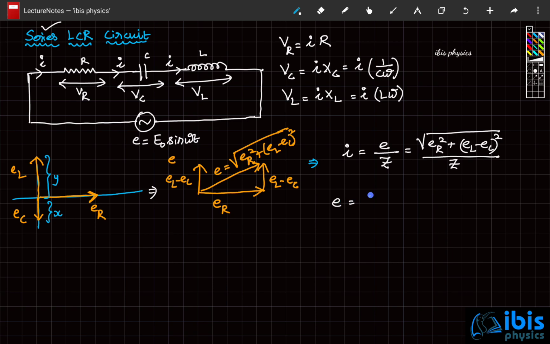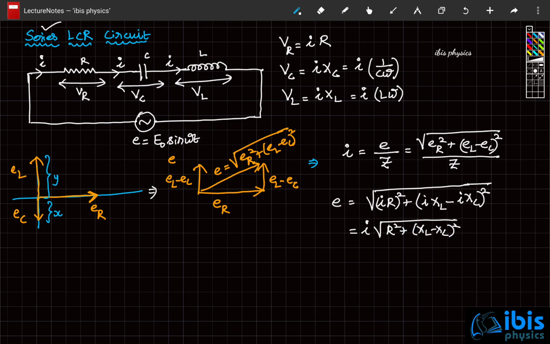So total EMF E equals square root of ER square, where ER is the instantaneous current into resistance, the whole square, plus EL, the instantaneous EMF, which is I into XL, minus I into XC, the whole square. If you take I out, I into root of R square plus XL minus XC the whole square. So this is the EMF. EMF by current is the total resistance, so that is equal to root of R square plus XL minus XC the whole square.